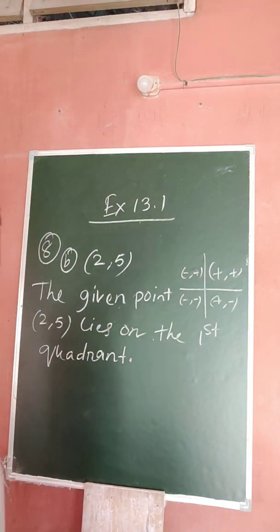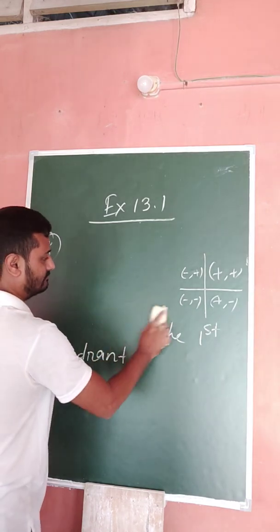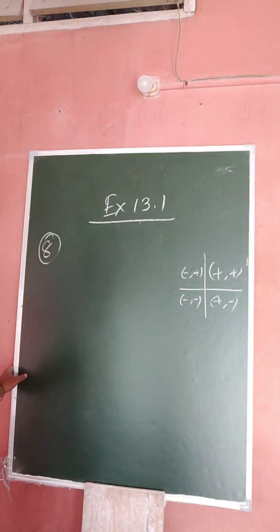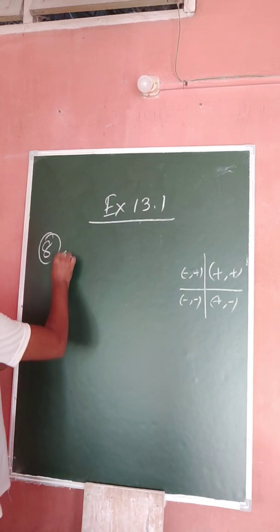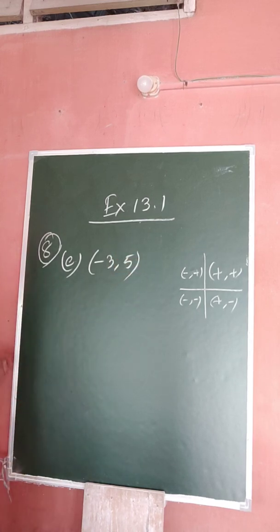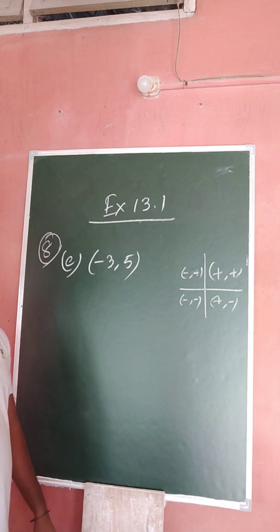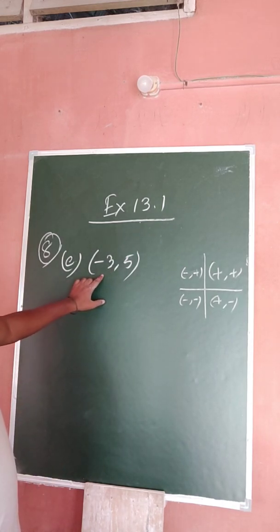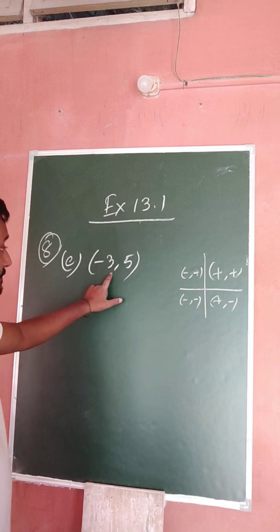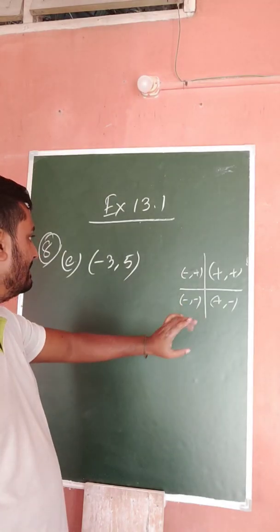Now come to question number C, which is -3, 5. Look at the point -3, 5. The x coordinate is negative here and the y coordinate is positive.